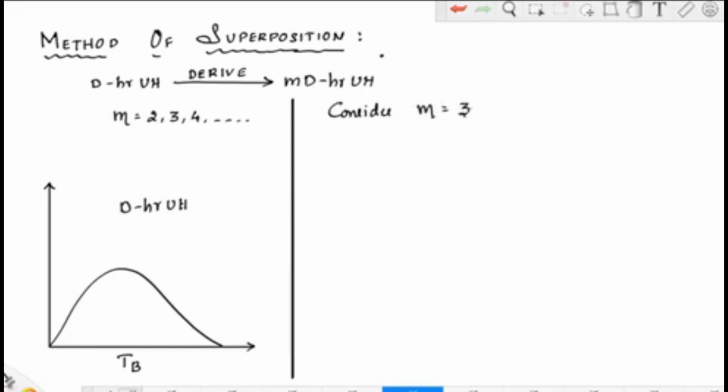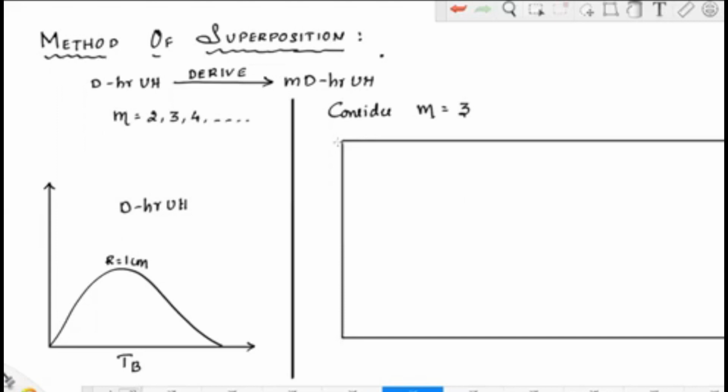Given is a D-hour unit hydrograph, which means R will be equal to 1 centimeter. The first logical thing to remember is that if M is 3, the same graph has to be drawn 3 times. Each should be lagging by D hours. That is the important thing.